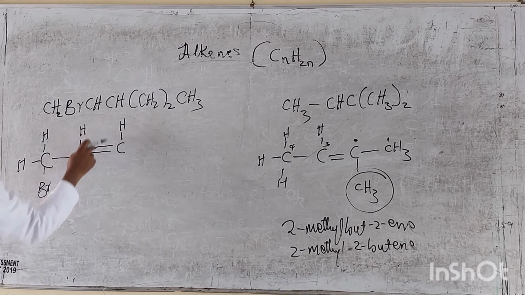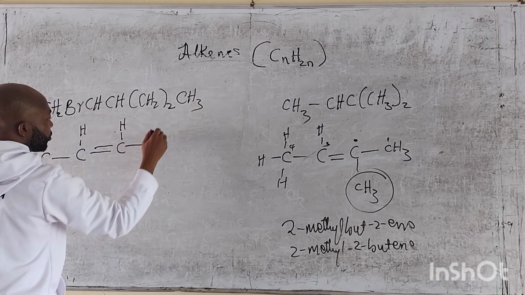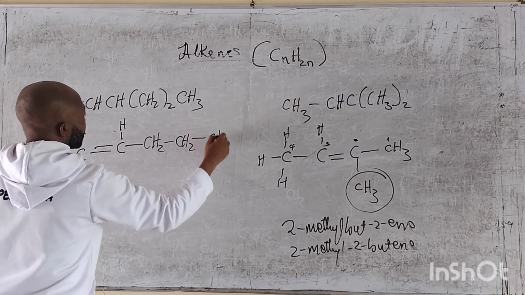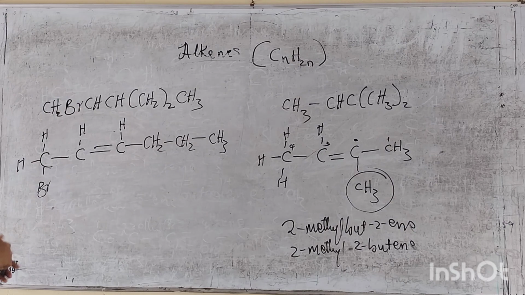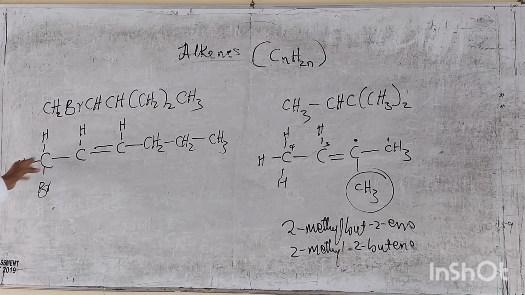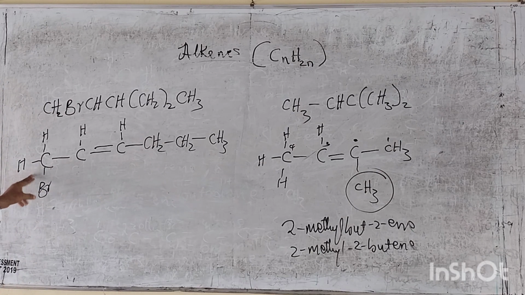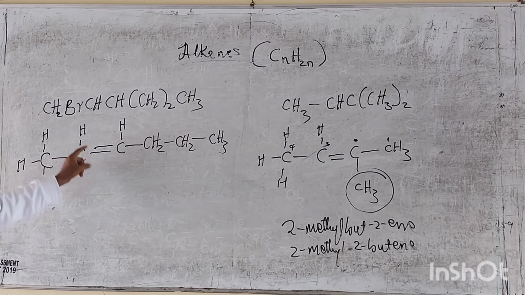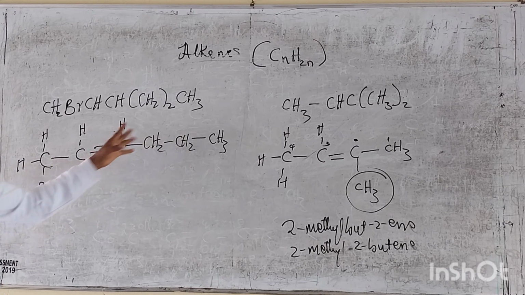Now, to the other side comes a CH2, CH2, then the last one is CH3. So this is it. Now, 1, 2, 3, 4, 5, 6 is hexane. But we have a bromine on carbon 1 and a double bond on carbon 2. So 1 bromo 2 hexene, or 1 bromo hex 2 ene.